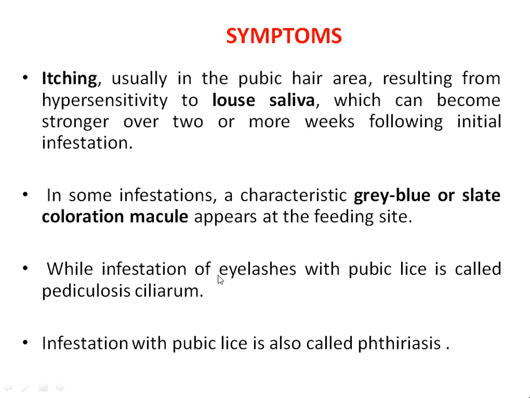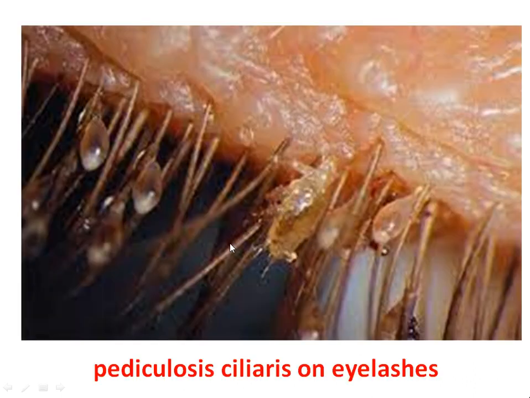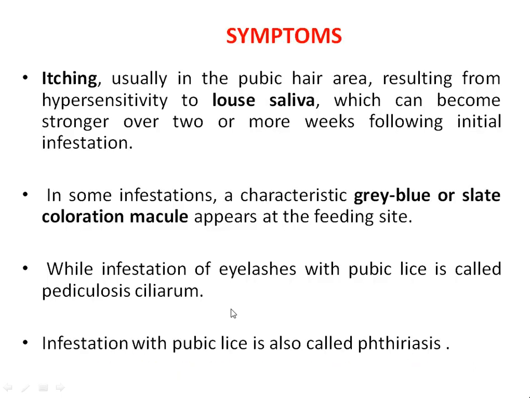Infestation of the eyelashes with pubic lice is called pediculosis ciliarum, that we have seen in the previous slide, that is pediculosis ciliaris. Infestation with pubic lice is also called Phthiriasis.